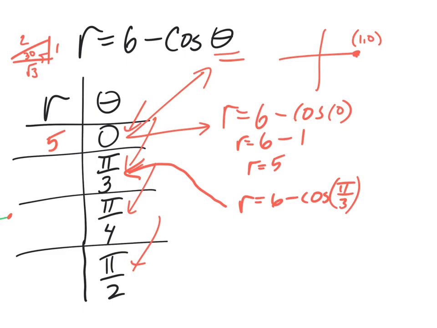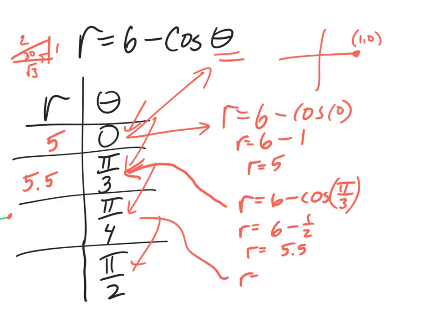What is cosine of 60, also known as pi over 3? Cosine is adjacent over hypotenuse, that's 1/2. So 6 minus 1/2, and that's r equals 5.5. So here's 5.5 right here. See how that works?